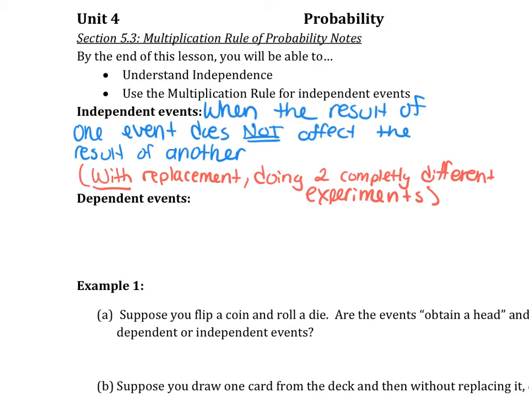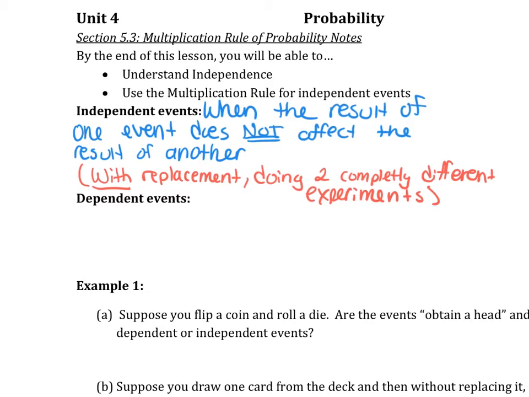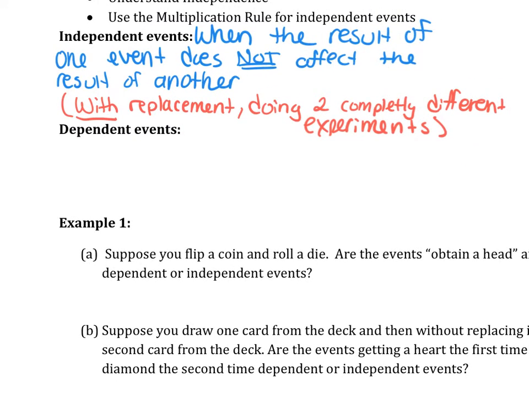Okay, and then we have dependent events, which is when the result of one event does affect the result of another event.